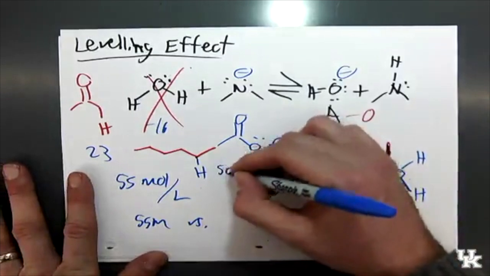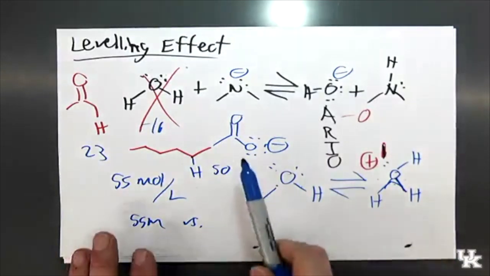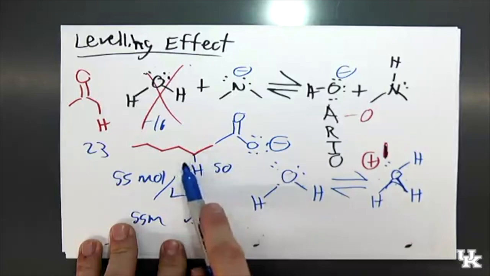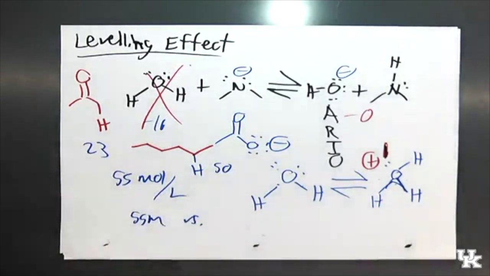That proton is like 50. So now, as long as you stay underneath 50, the reaction can take place, because if given the choice between this solvent molecule and acetone, the base will take the proton from acetone way before the base from your solvent. That's the leveling effect.